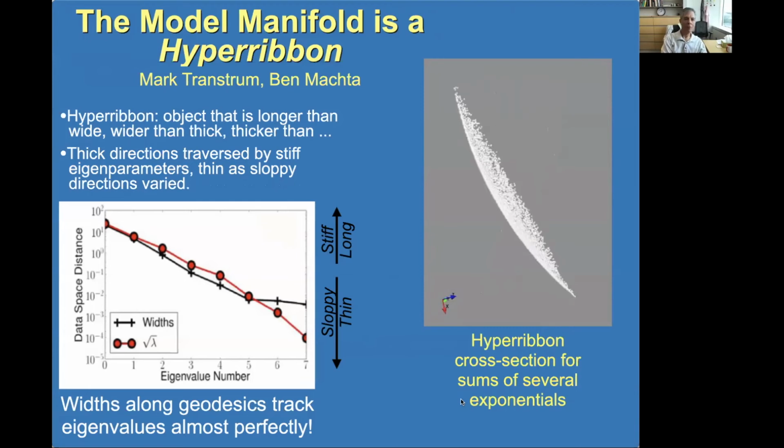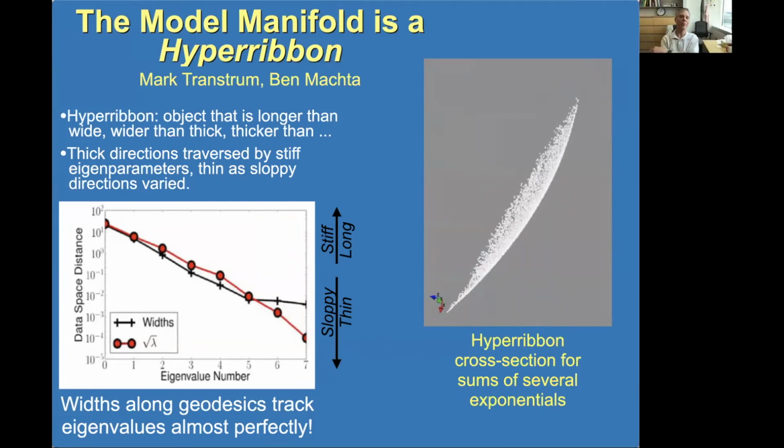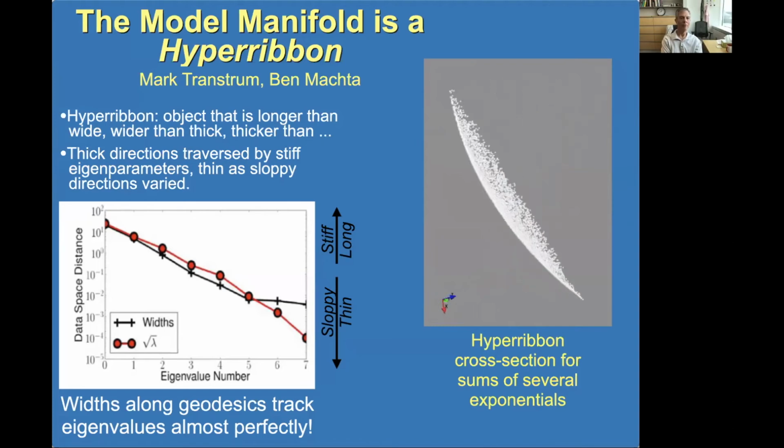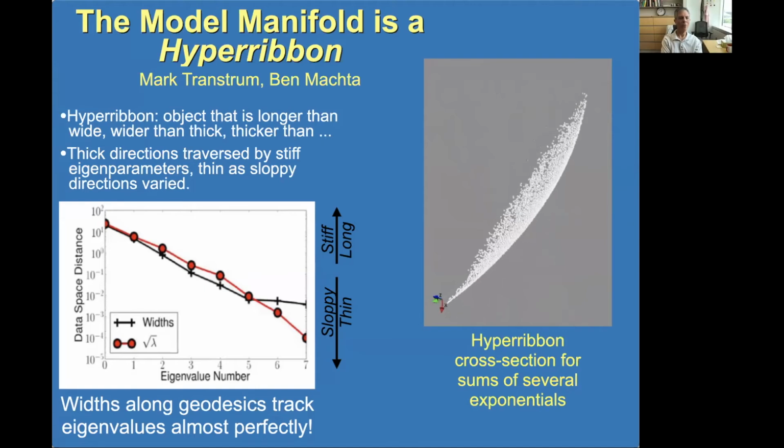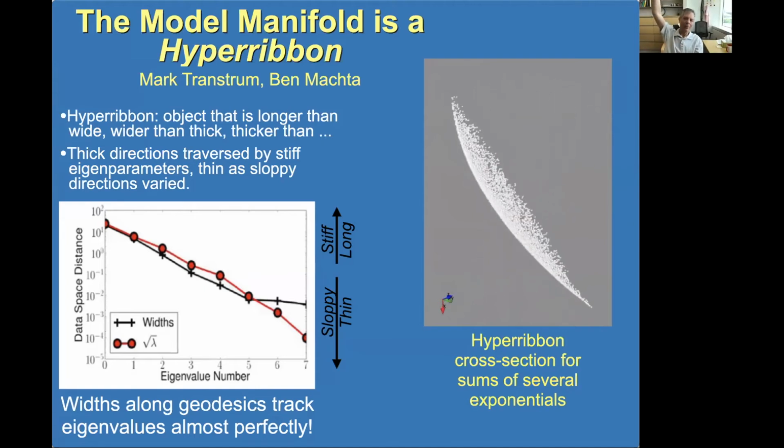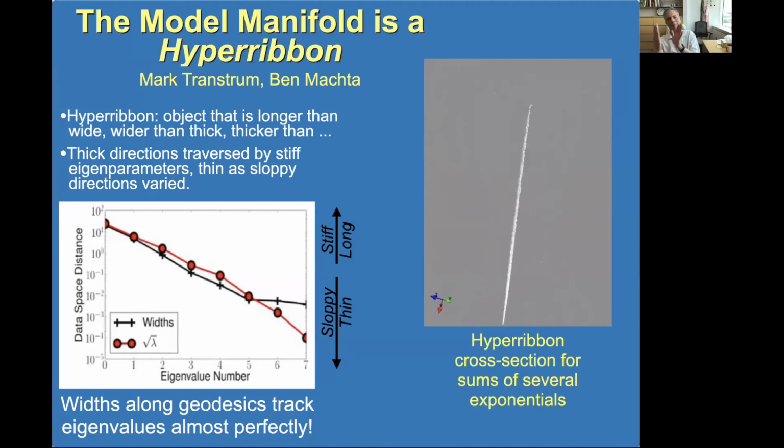The model manifold, the one I showed you, had this nice curvy structure, but when you go to high dimensions, it becomes a hyperribbon. I call it a hyperribbon in analogy to hypercubes and hyperspheres. This is something that's got a long direction, a less wide direction, and then a very, very thin direction in the third direction.